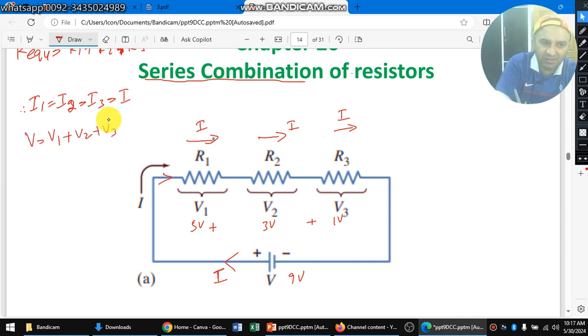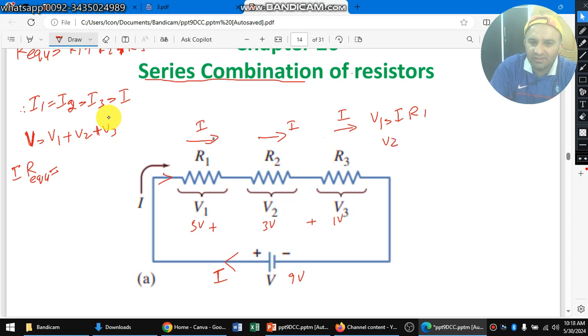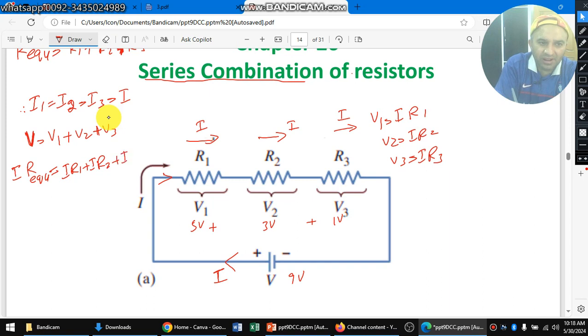Now we simply apply V equals IR for each case. The total voltage V is equal to the current I times R equivalent, which is equal to V1 plus V2 plus V3. We know that V1 is equal to I times R1, V2 is equal to I times R2, and V3 is equal to I times R3. So we put IR1 plus IR2 plus IR3.